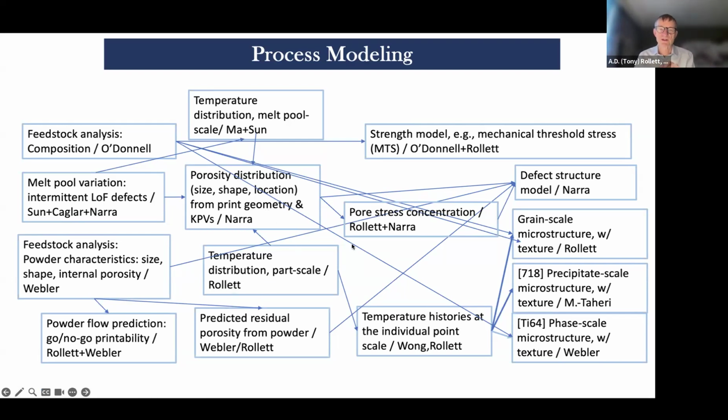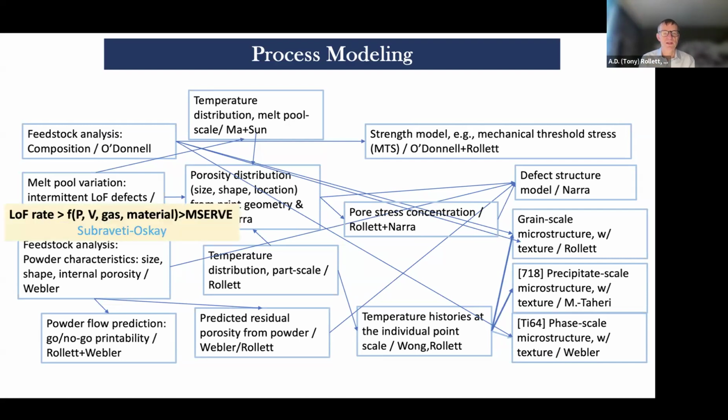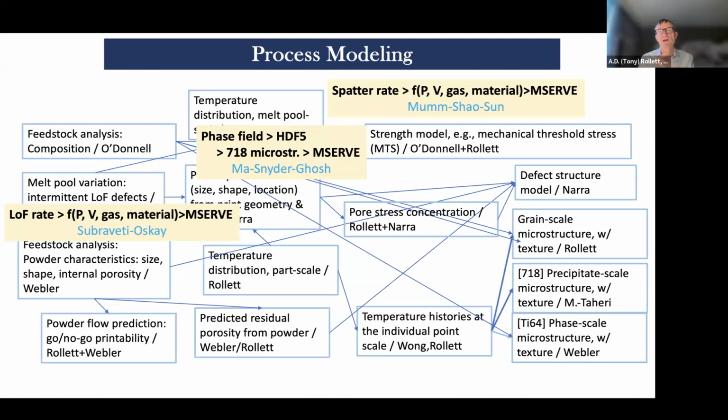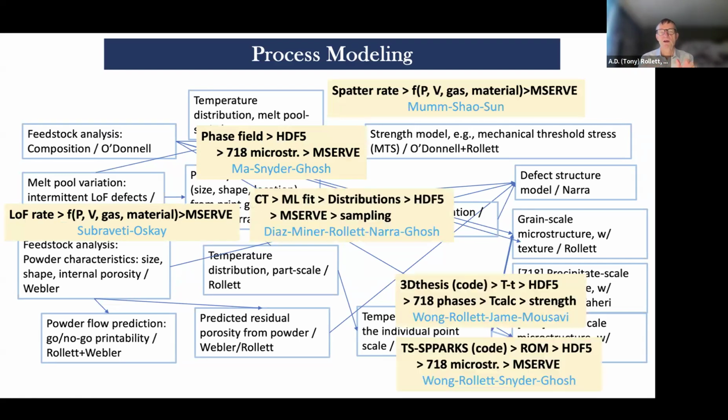If you're going to predict the microstructures, as you have to do, then you need temperature histories. But the local temperature histories themselves depend on the macro scale temperature distribution. So this is by way of saying that there are lots of different components to this. And one of our challenges is turning out to be, hardly surprising, how to connect these models together. And so what we end up doing now is documenting and making work these many different cases of handover of data.